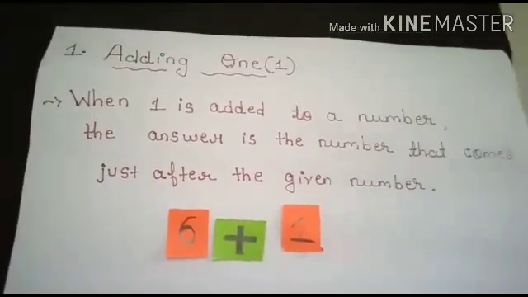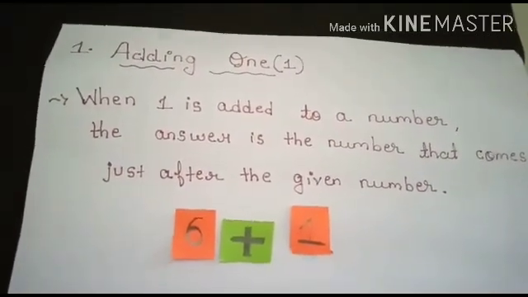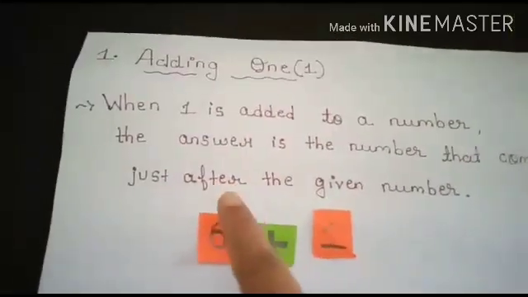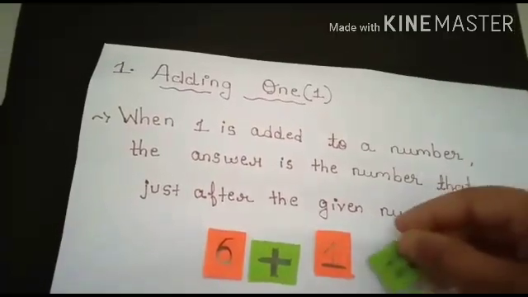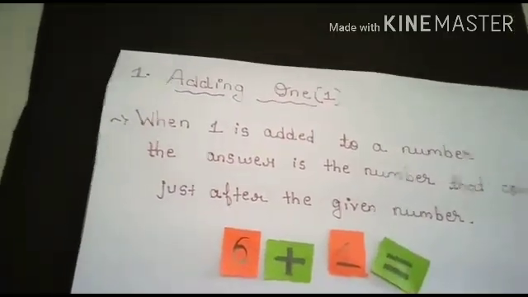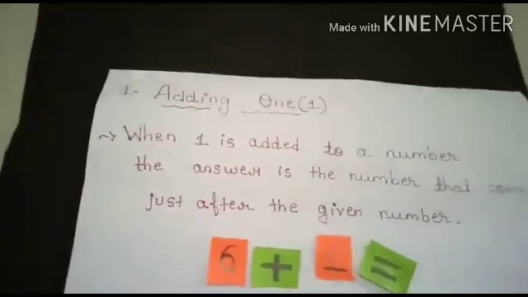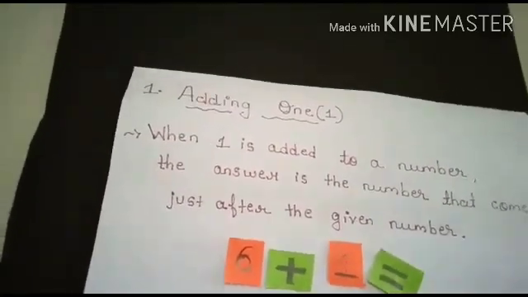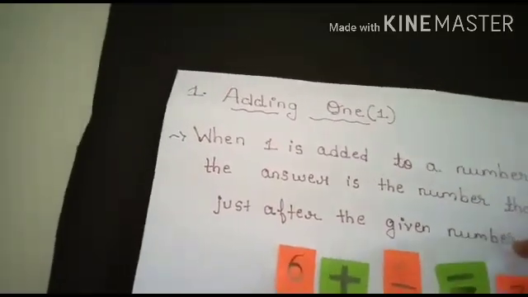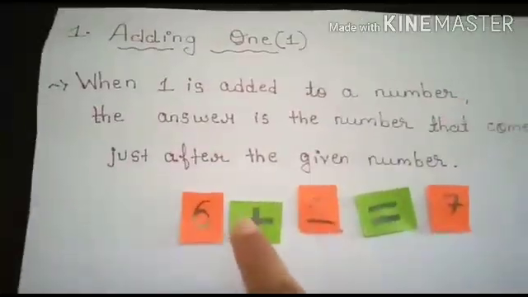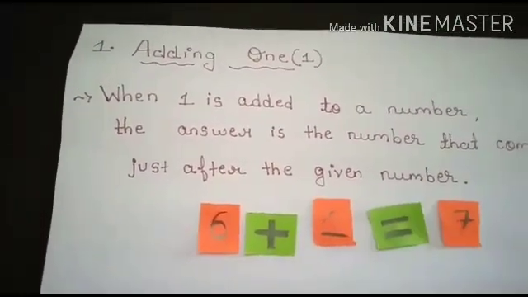The answer will be the number which comes just after the given number. So what comes just after 6? Any guesses, children? After 6, what comes? 7. Very good. So 6 plus 1 is equal to 7.